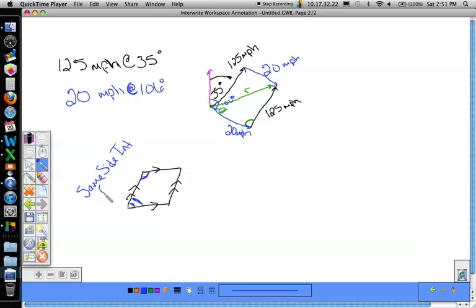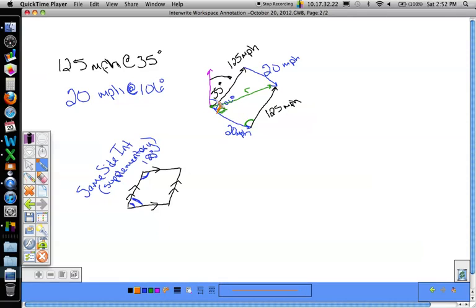Same side interior angles are supplementary, meaning they add up to 180 degrees. So this angle plus this angle have to add up to 180 degrees because they're same side interior, supplementary angles. That means this angle, let me mark it in orange, and our green marked angle over here have to add up to 180 degrees.